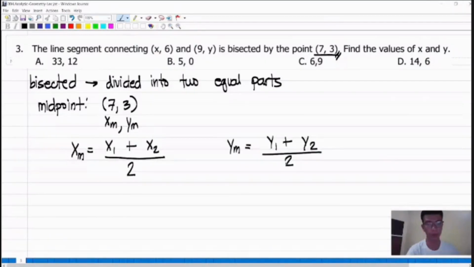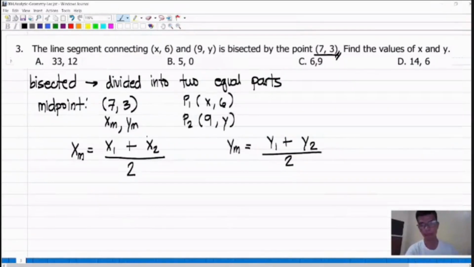Substitute na lang natin. Siguro, let us denote point number 1 as x, negative 6 dahil sa yung unang binanggit. And the point number 2 naman ay 9 and y. Substitute lang natin. The x sub m is 7. Our x sub 1 is the unknown x. And the x sub 2, yung x ng point 2 natin is 9, divided by 2.